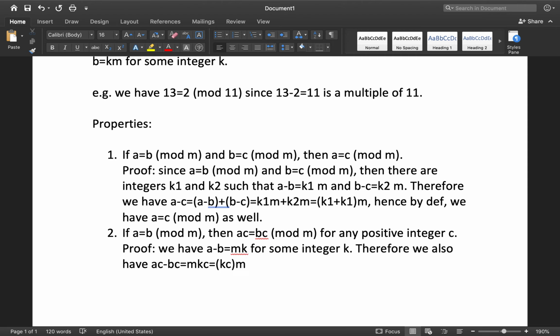That means ac minus bc is just an integer multiple of m, and we have ac congruent to bc modulo m. So we prove it. Okay, so you can see those properties are not very difficult. You just follow from the definition. So let's have another one.